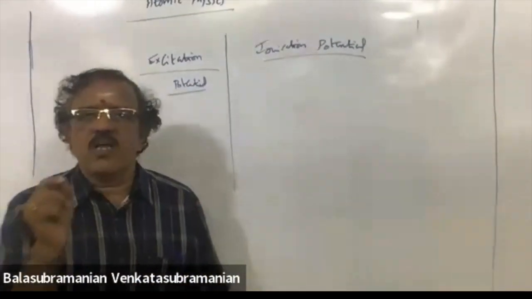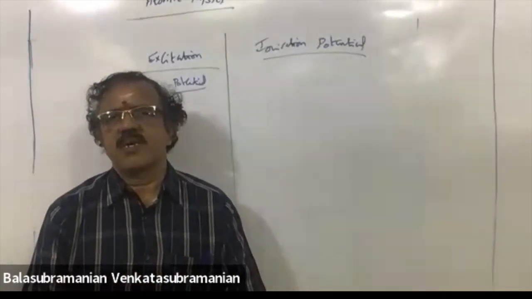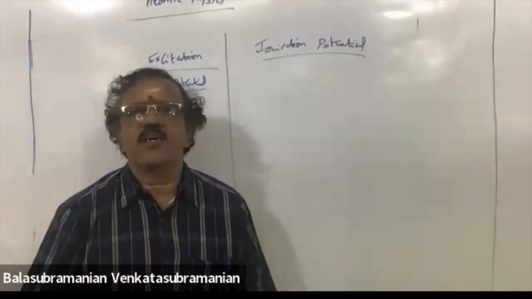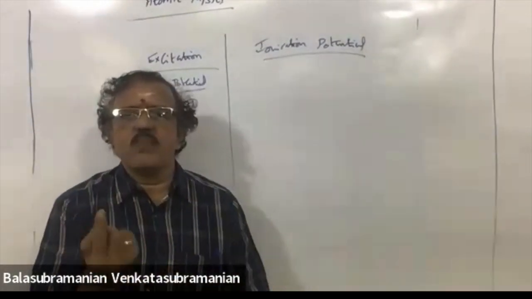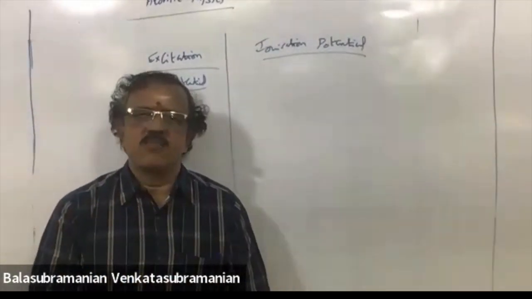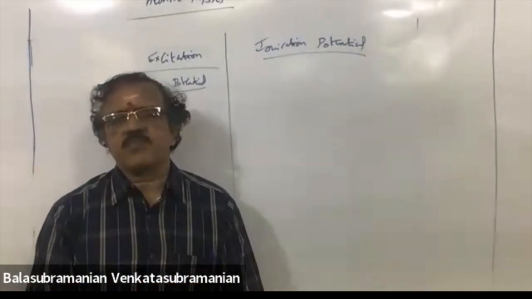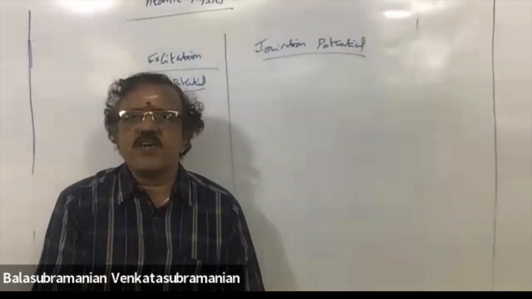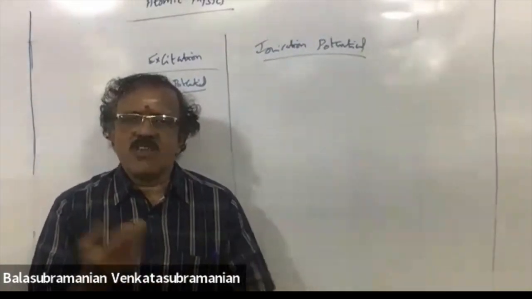Excited means you are giving some energy to the atom. You can give it directly to an atom, or to a solid that has many atoms, where one particular atom is excited. So electrons are shifted to a higher orbit. Naturally it has to come down.